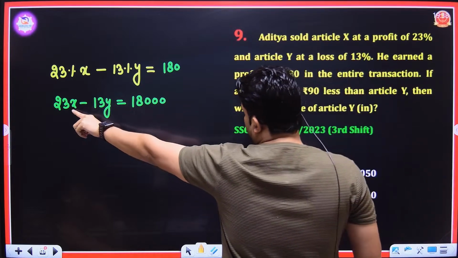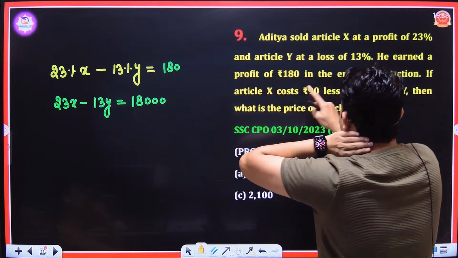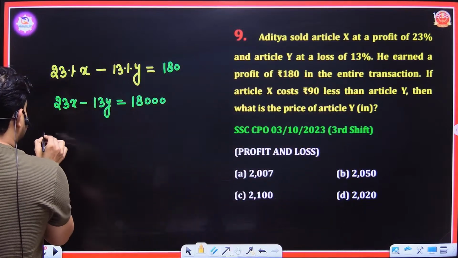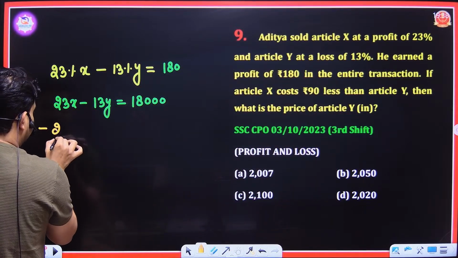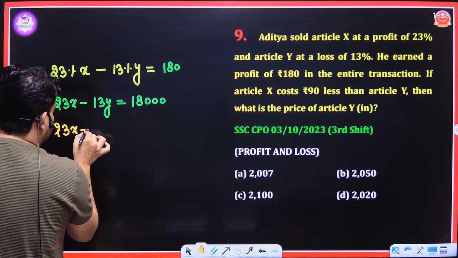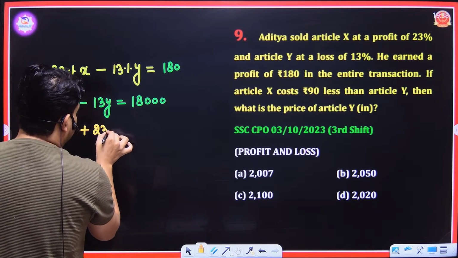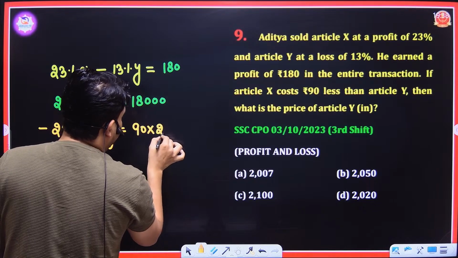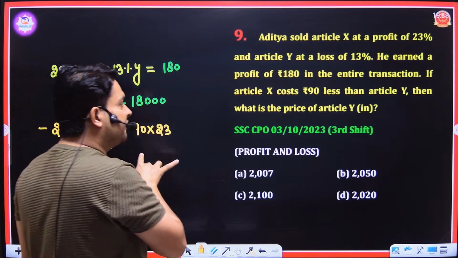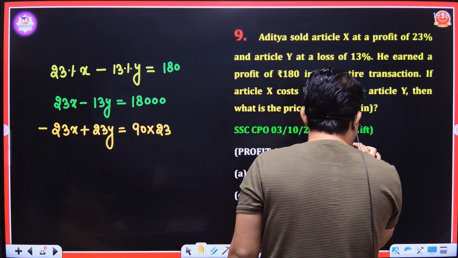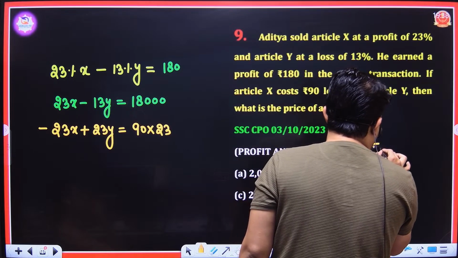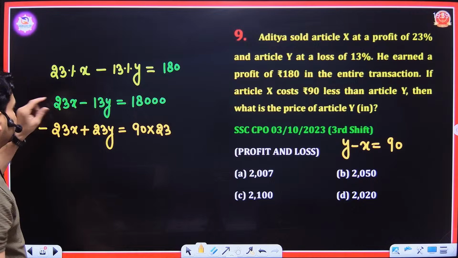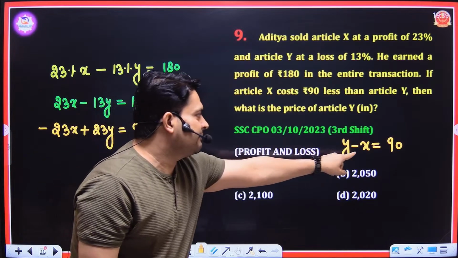It means I have to eliminate X, because article X costs 90 less than article Y. It is given that Y minus X is equal to 90. To eliminate X, I have multiplied it by 23.